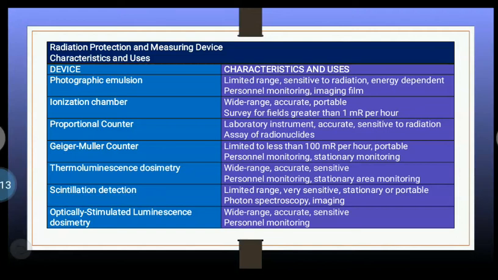Before we move forward, I have tweaked your module. Let's consider some of the major uses of devices: monitoring, survey, and measurement of the presence of radionuclides.